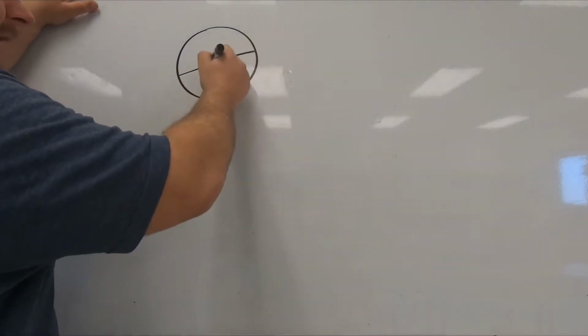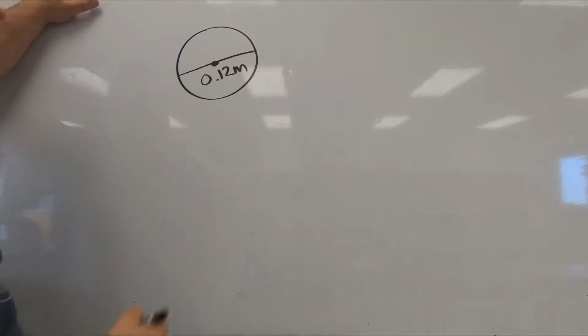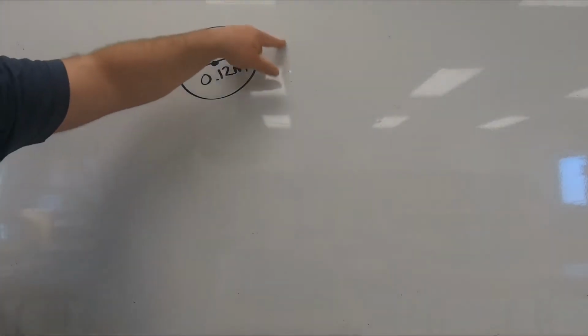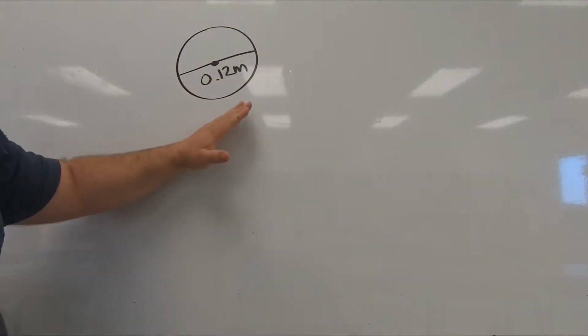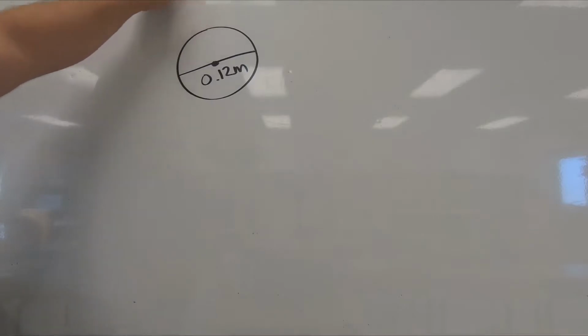And the question was, how many of these frames can she make if each one of them has a diameter of 0.12 meters? So that's the question we have to figure out. So the first thing we need to figure out is what is the circumference of one of these circles, and then we can estimate or multiply to get how many we can fit in 3.8 meters.